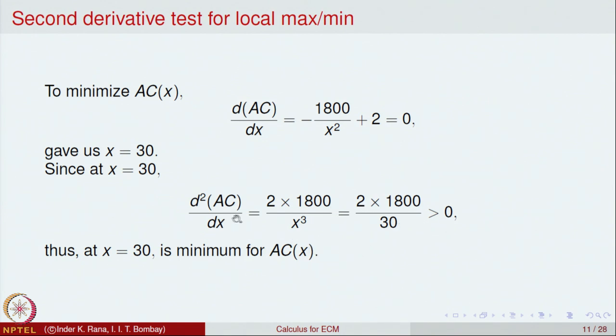So, the second derivative of the average cost function at x equal to 30 is bigger than 0. So, it must be a point of local minimum for the average cost function, and that is what we had established using only the first derivative test in our previous lectures.